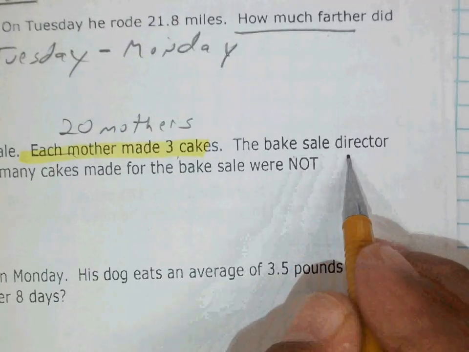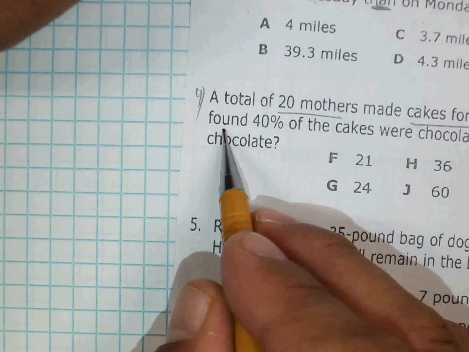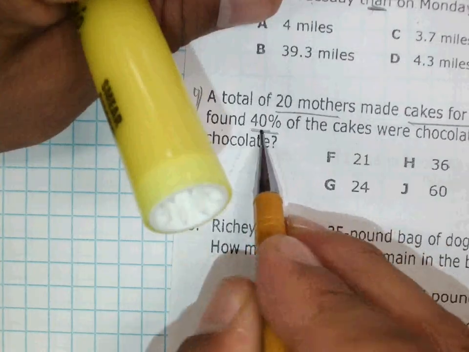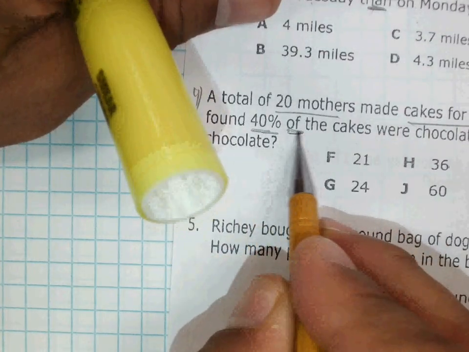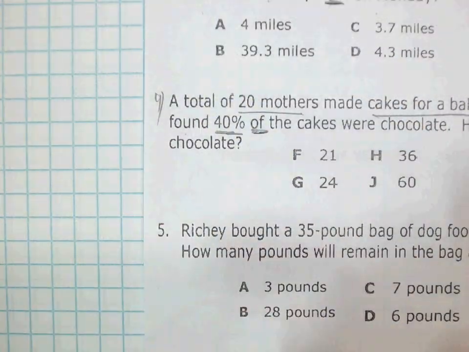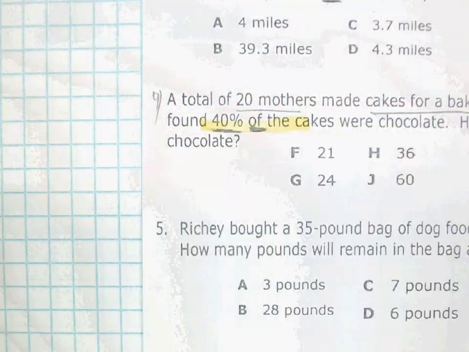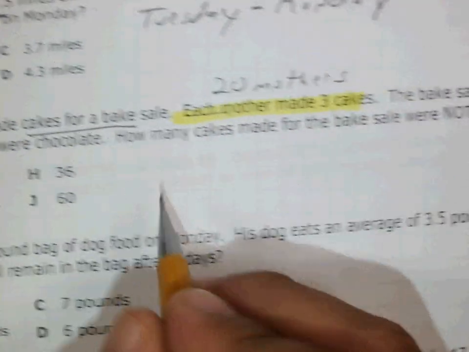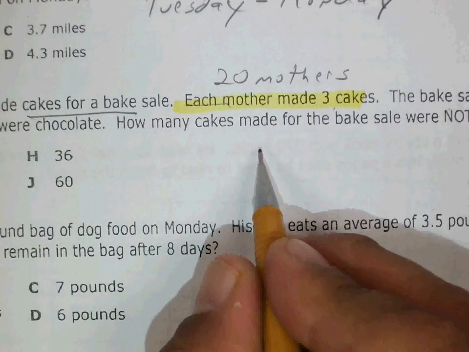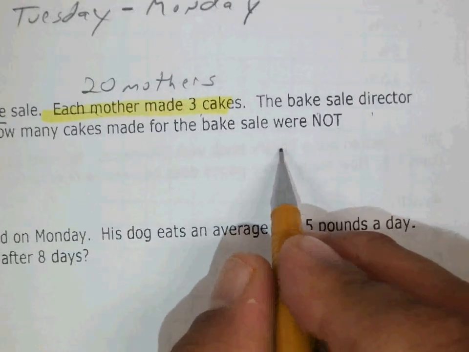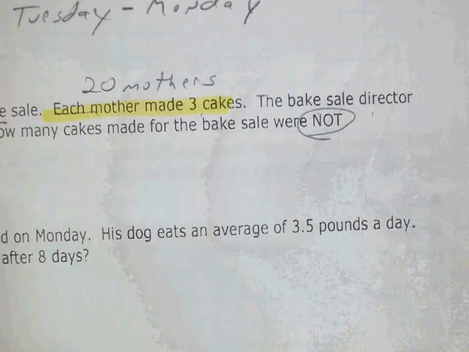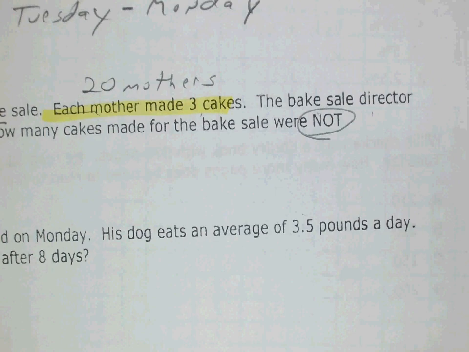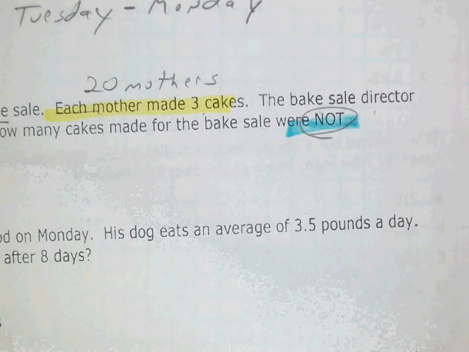The bake sale director found 40% of the cakes were chocolate. The question is, how many cakes made for the bake sale were not chocolate? How many are not chocolate?